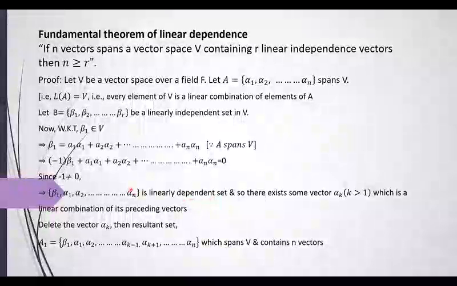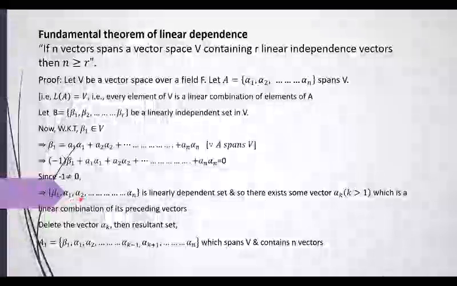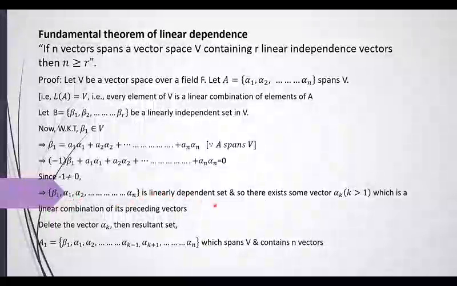In an earlier theorem, we studied that if there exists a linearly dependent set, then some vector in it can be expressed as a linear combination of its preceding vectors. So beta 1, alpha 1, alpha 2, up to alpha n is a linearly dependent set.